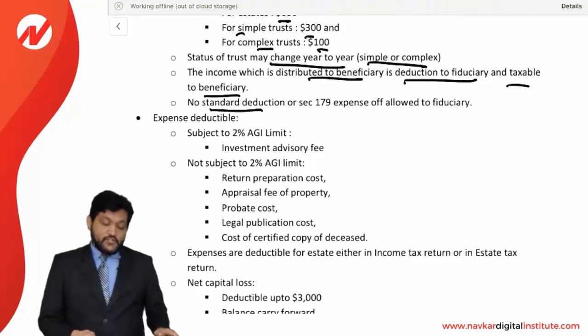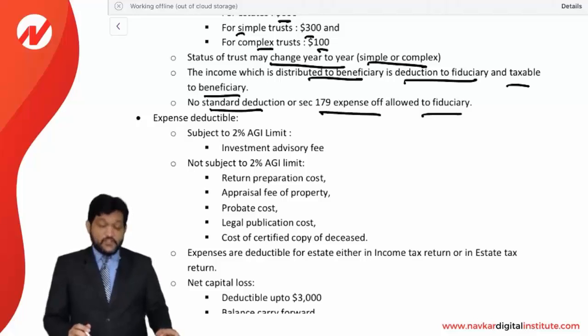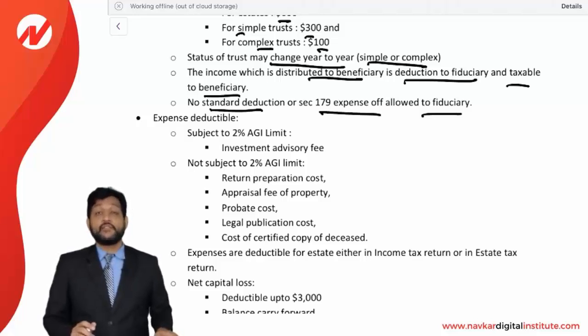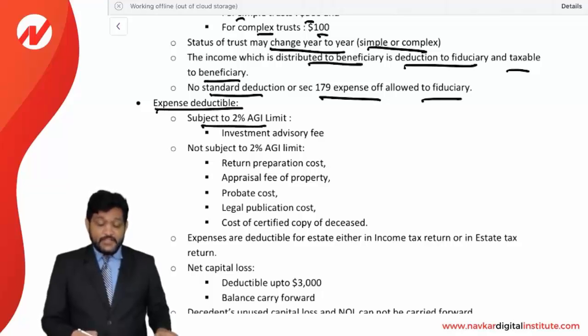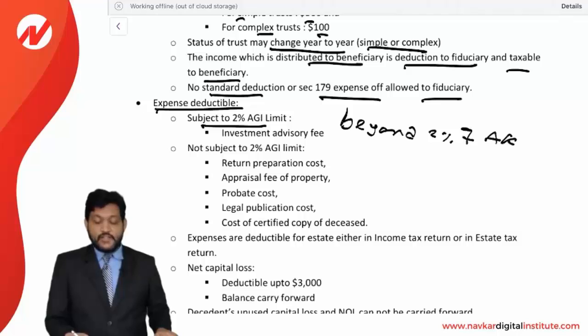No standard deduction or section 179 expense is allowed to a fiduciary. The fiduciary will not get the benefit of a standard deduction or section 179 expense. Expenses are deductible in two parts. First, those subject to the 2% AGI limit. It means these expenses will be deductible only beyond 2% of AGI. If you incur an expense beyond 2% of AGI, then only it will be deductible.